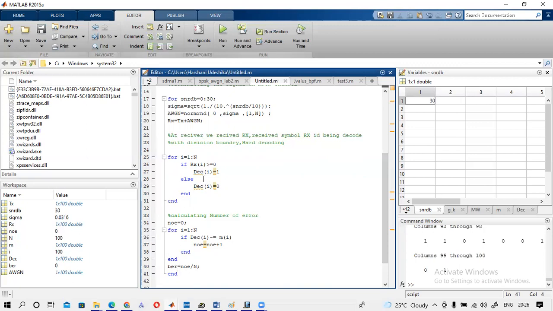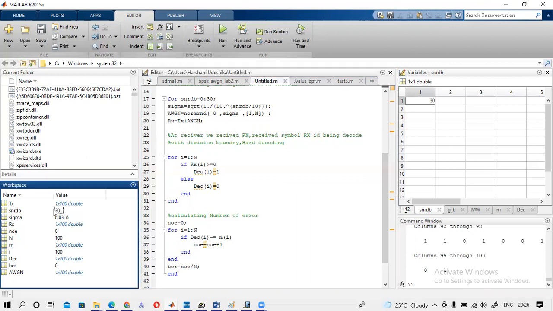So how can we put it? We can put it in this way. Still we can't plot, because the bit error rate is calculated for snrdb from 0 to 30, but the snrdb final value will be 30, and the bit error rate also has only a final value.